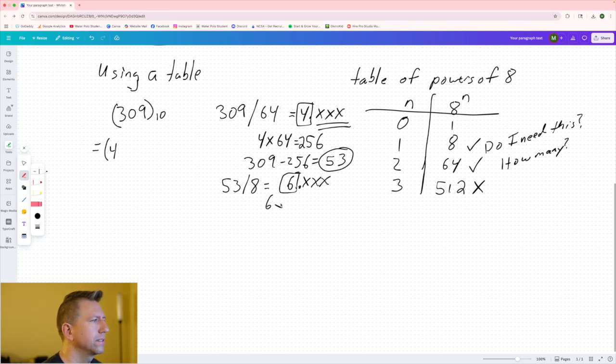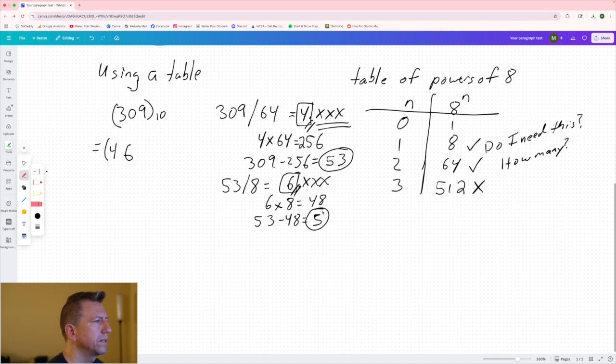And so 6 of those 8s is going to give me 48. And so then I can take that 53 minus that 48 and leaving me 5 remaining. Okay. And so my next number here is that 6. So we need the 4, and then we need the 6 as we build our octal number.